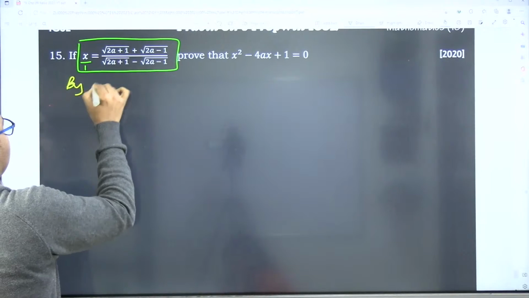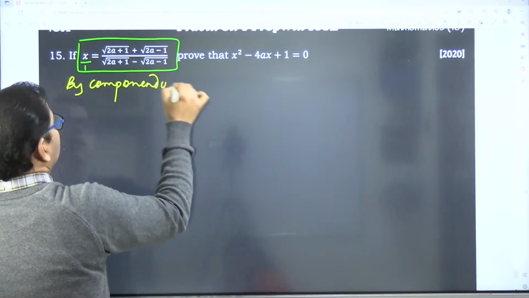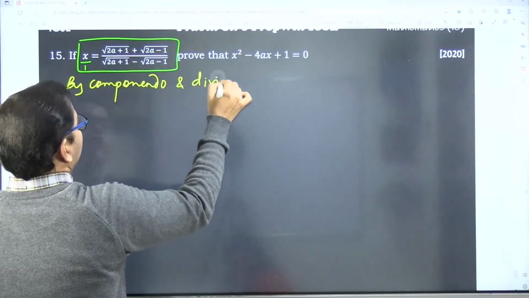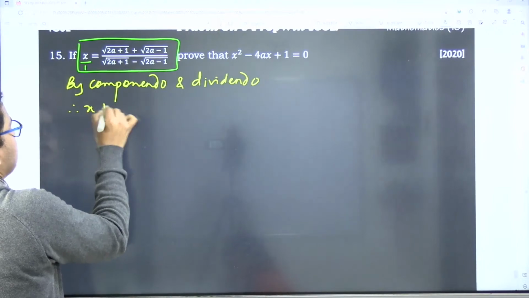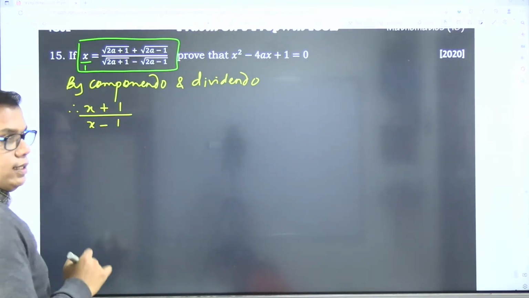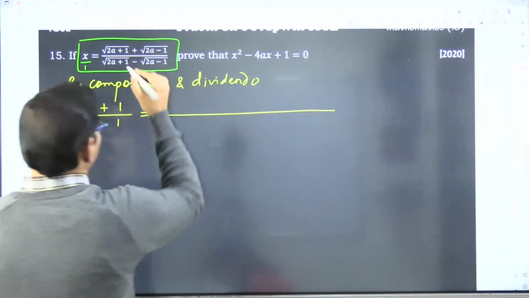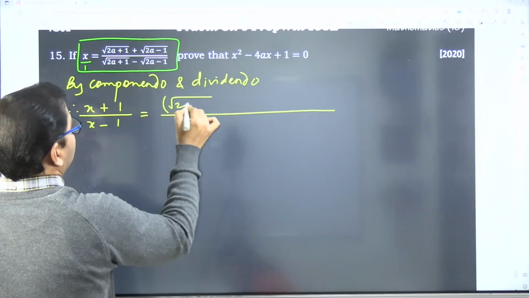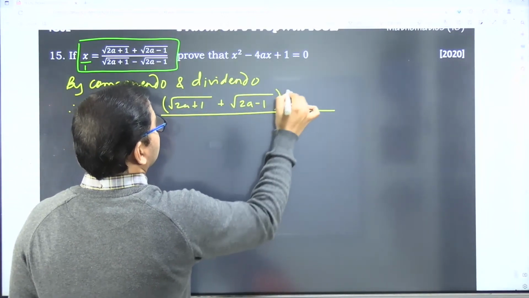By componendo and dividendo. What? Numerator x plus denominator 1 upon numerator x minus denominator 1 is equal to what? Right side में. Okay, numerator under root 2a plus 1 plus under root 2a minus 1.